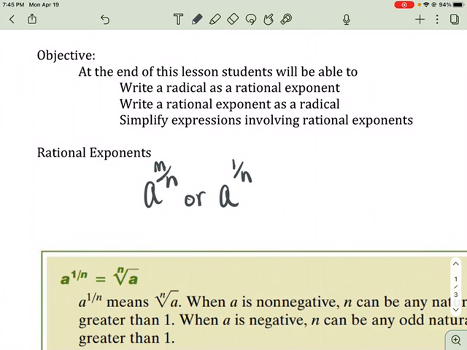So we're going to be able to write radicals with fractional exponents. That's kind of the goal: a fraction in the exponent, and it's going to mean something.